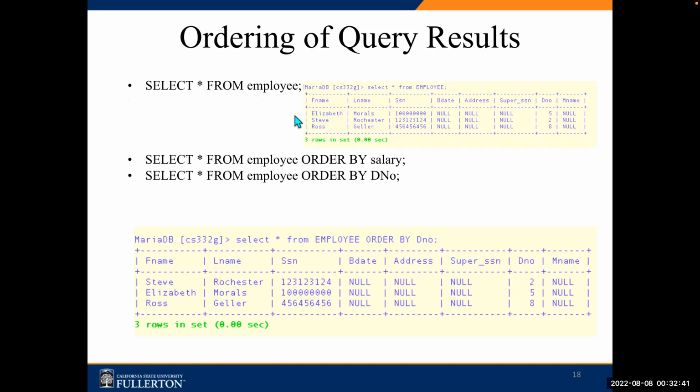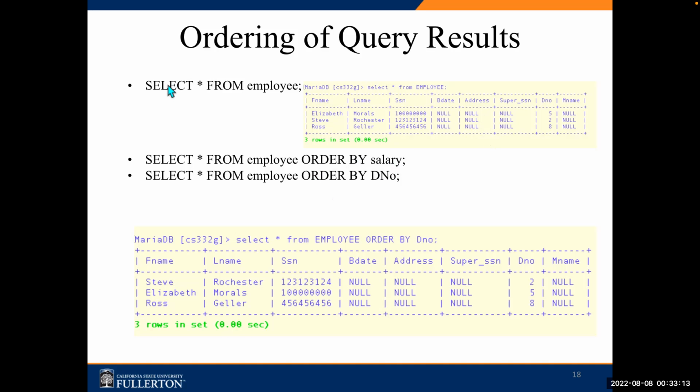Now, if you wanted to have an order of your choice, let's say you wanted to see a salary order, you wanted to see the highest salary or you wanted to see the lowest salary, you can use order by, which would be followed by the attribute name using the ascending or the descending option. The default is set to ascending. And you can do the same for any attribute from the list.